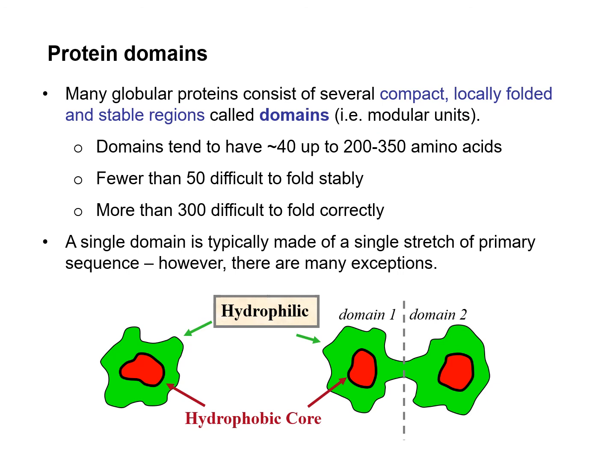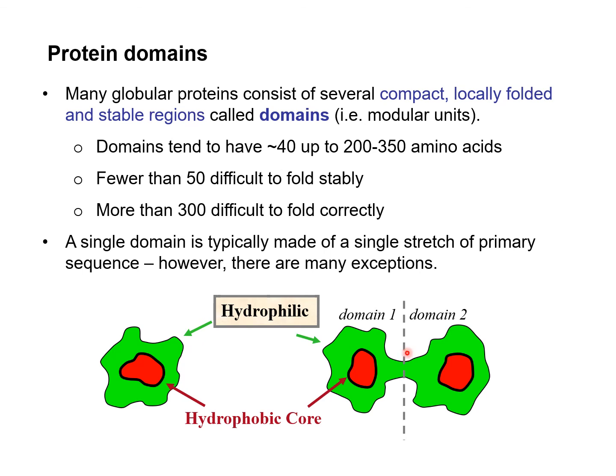A single domain is typically made of a single stretch of a primary sequence, but there are many exceptions too. Let's say there's a soluble protein that can have hydrophilic regions outside as opposed to inside. There could be some hydrophobic regions in a soluble protein within the cytosol.